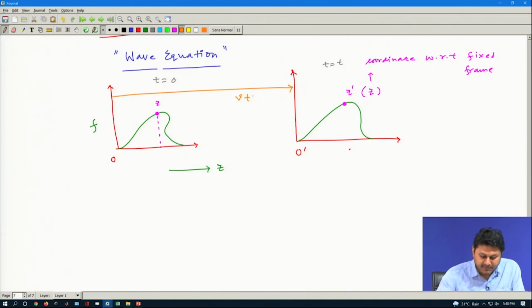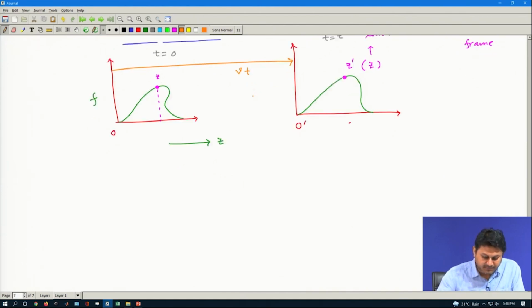Now, what is z prime in terms of z? This point is z, and from here to here it is z prime. So eventually z is equal to z prime plus v t.